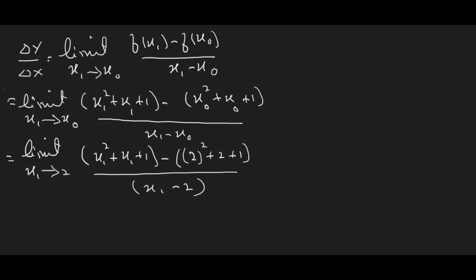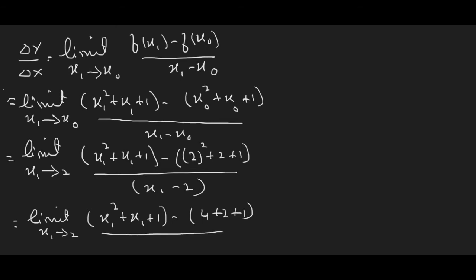We can put brackets for simplicity. So limit x1 approaches to 2, x1 square plus x1 plus 1 minus 4 plus 2 plus 1 whole divided by x1 minus 2.